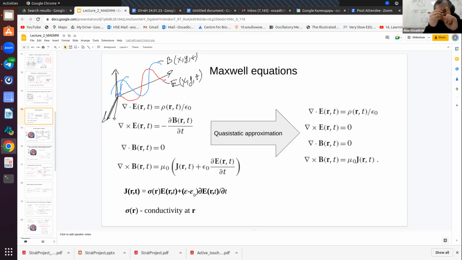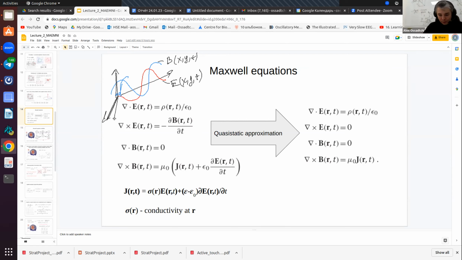So you have two vectors perpendicular to each other, and their sizes are connected such that the change of vector B makes E appear, and then the change of vector E makes vector B appear. They push each other this way, and that's what makes radio waves propagate so far, like in outer space, almost without dissipation, especially in media where there are no conductive particles.